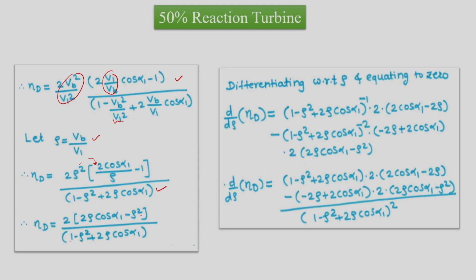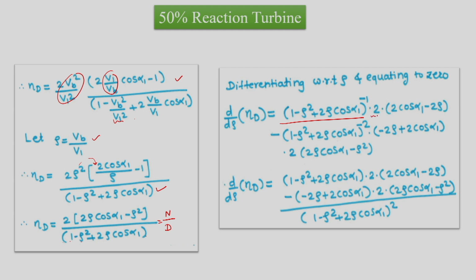This differentiation is the same as what we use, the product or division rule of differentiation. So this term is numerator divided by denominator, so denominator raised to minus 1 as it is. So we have first the differentiation of numerator.